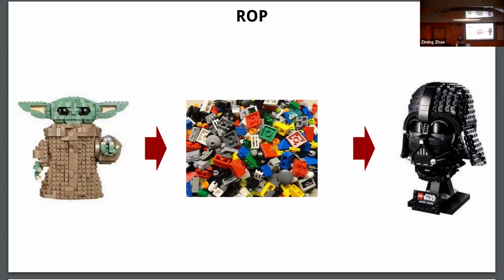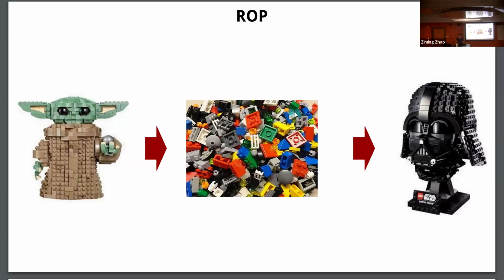They're not necessarily emitted by the compiler. So the whole process is like you have some innocent instructions, you break them down, reuse the pieces of them, and rebuild a malicious piece out of that.